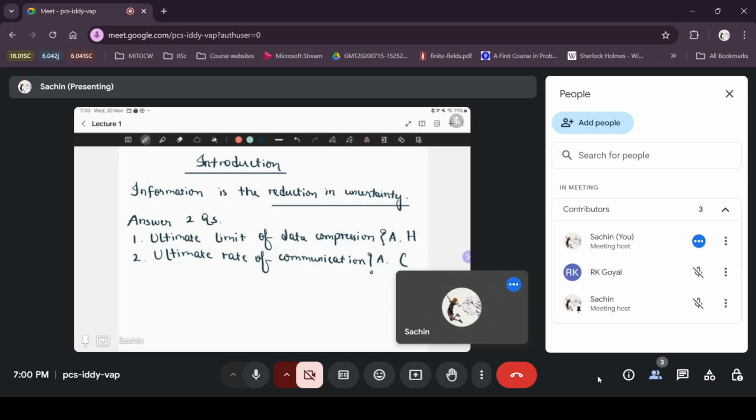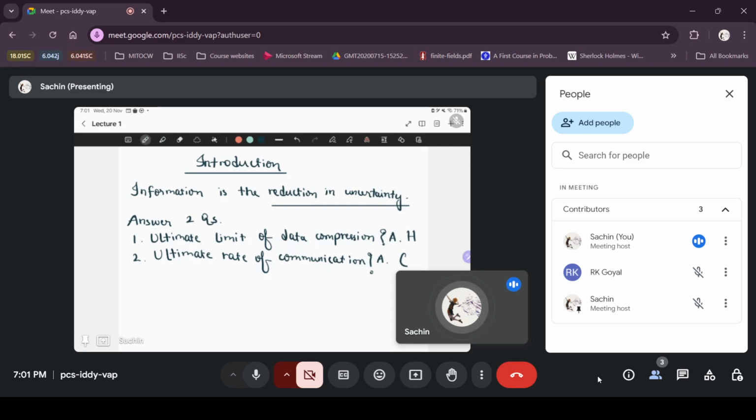To learn more about signals, you could check out a signals and systems course. And communication channels and a lot more details will be taught in a communication systems course.